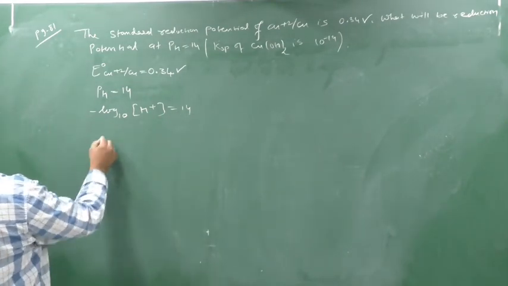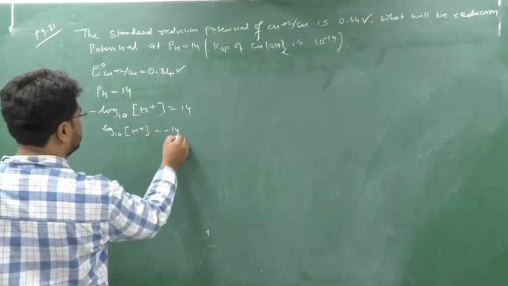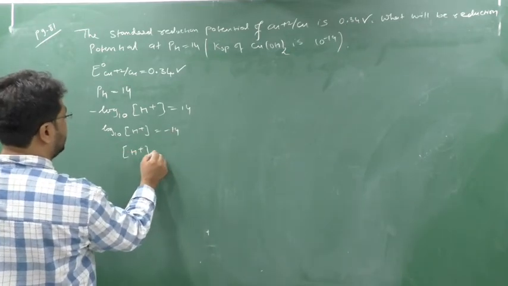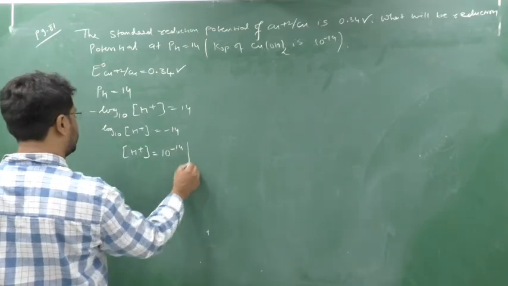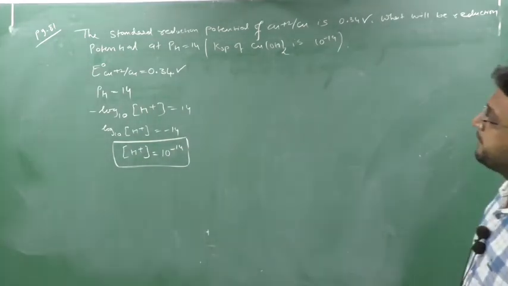Now I multiply minus on both sides, so log to the base 10 concentration of H plus equal to minus 14, so concentration of H plus, as log will go that side, is 10 to the power minus 14.